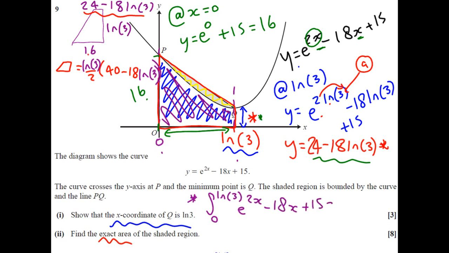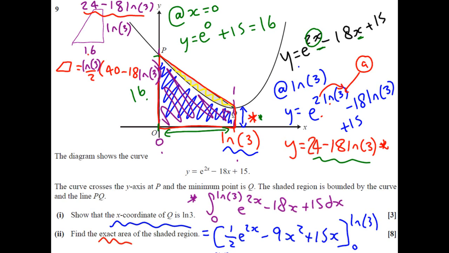At this stage you should be thinking, I'm so glad they've given me a nice integral. Okay. So when we integrate e to 2x, we get a half e to 2x when we undo the chain rule. Minus 9 x squared plus 15x. Okay, and we're going between ln 3 and 0.